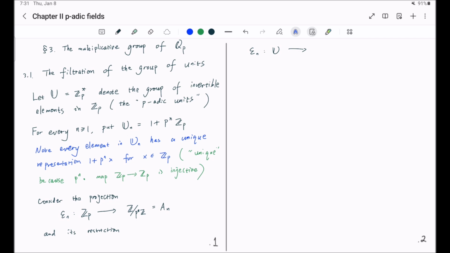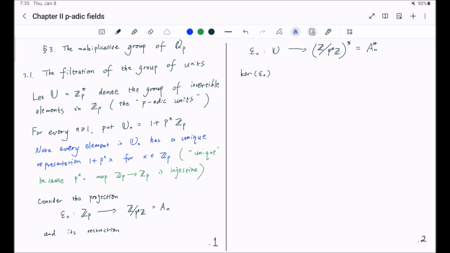By the property of ring homomorphism, the image of this homomorphism restricted to the invertible elements will be the invertible elements here. This map is still surjective. And now an interesting question is, what is the kernel of this map when epsilon sub n is restricted to U?